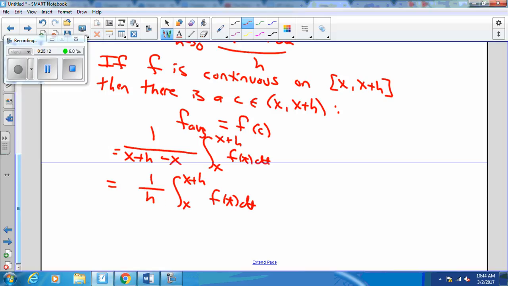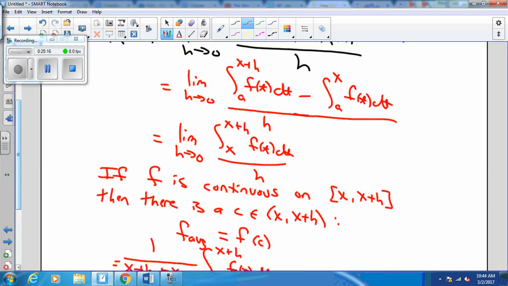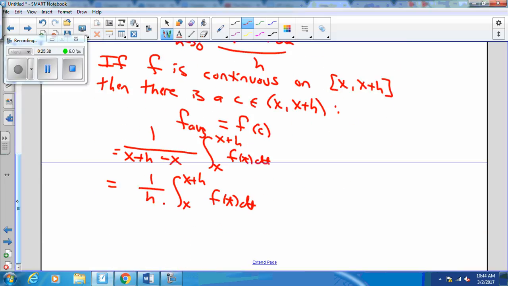This average value that I've computed is exactly the thing that I've got right here. I'm taking the limit as h goes to 0 of the average value, and as h goes to 0, the average value on that interval is just f of x. Is just the value at x.